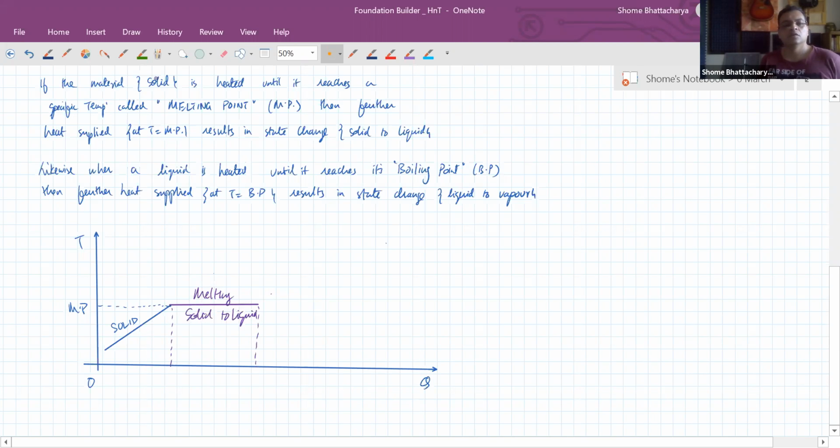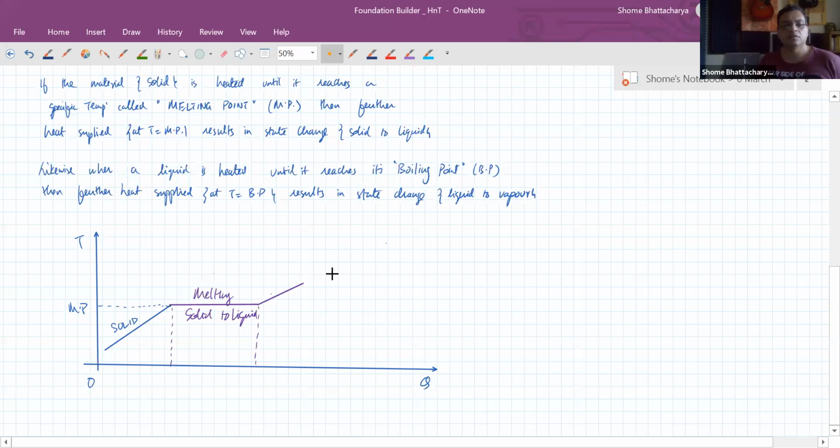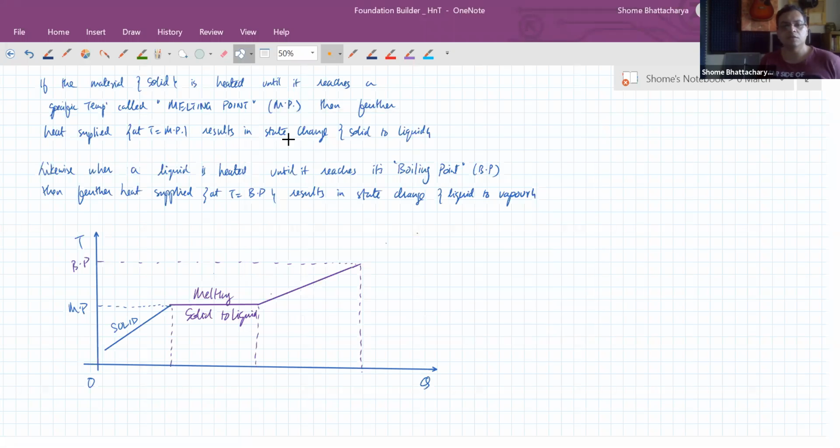to liquid. Now once all the solid is converted to liquid, again the liquid's temperature starts to rise with the heat supplied through a linear graph. But next, at a certain temperature, which is called the boiling point for the given liquid, when the temperature reaches that value of the boiling point, now further heat supplied results in conversion from liquid to gas, which is the process which we call boiling.